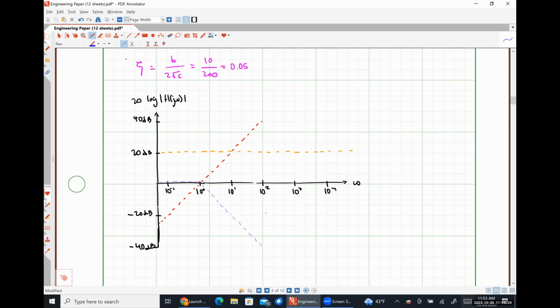So let's see here. And our zeta was 0.05, so that should be a correction of 20 decibels. Look at the table if you want to double check that, or if you tell me I'm correct, that would be better. Zeta 0.05 equals a correction of 20 dB. Okay.